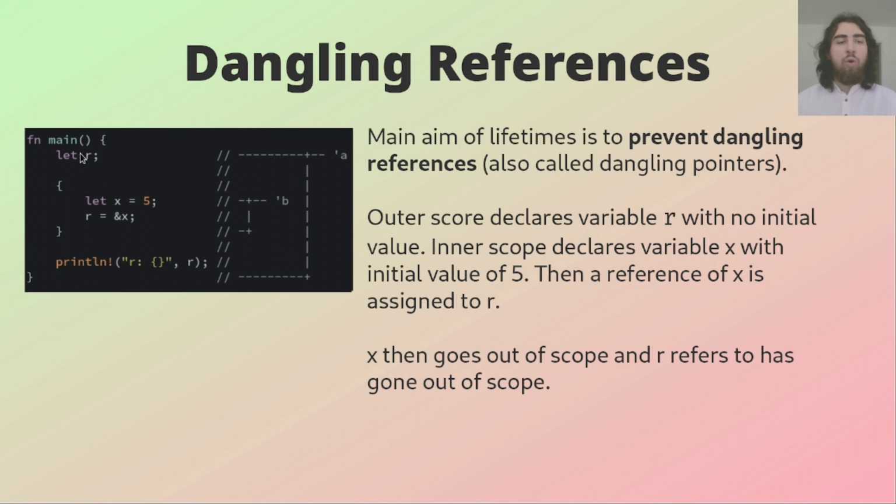Meaning the variable r we have declared here holds a reference to the variable x. The problem here is that when x goes out of scope at this point, then r points to something that is not valid anymore, right? And that's the aim of references, to avoid exactly this scenario.